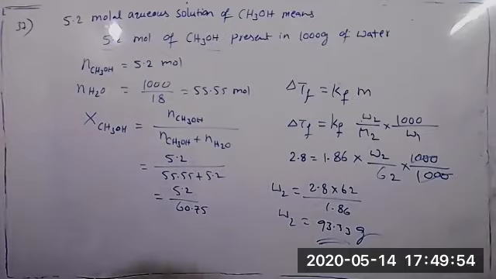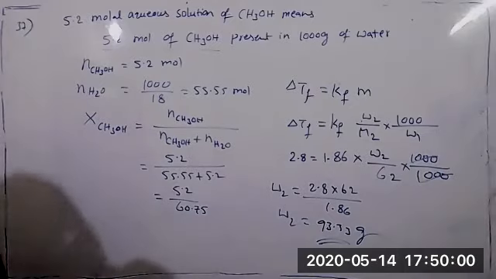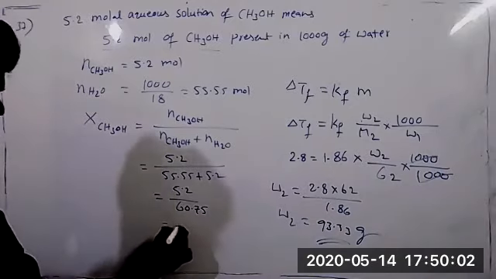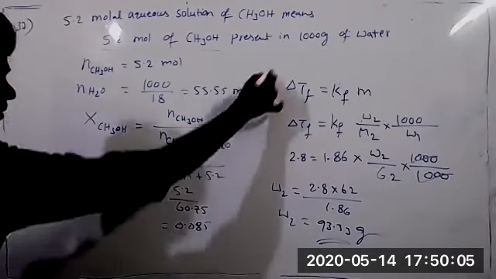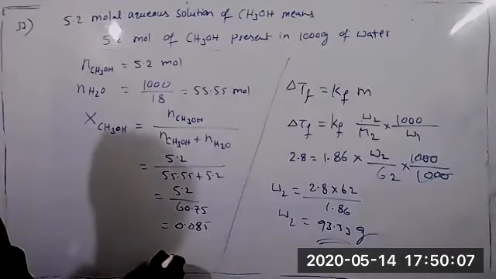So 0.085. So closely, which option? C, no? Yes, sir. So option C is correct.